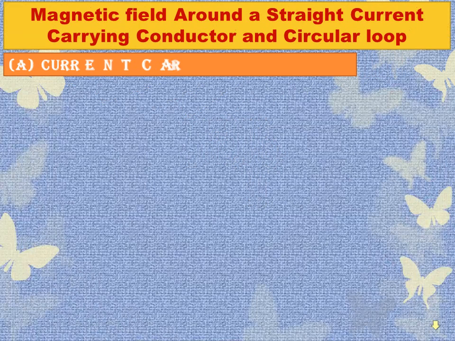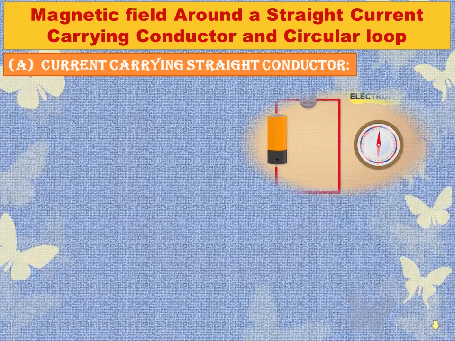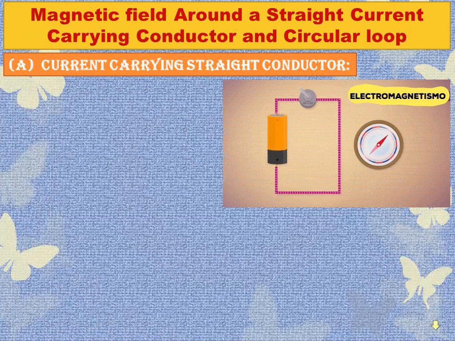First of all, the current carrying straight conductor. Suppose we keep a magnetic compass near a current carrying straight conductor, then the needle of the magnetic compass experiences a torque and deflects to align in the direction of the magnetic field at that point.